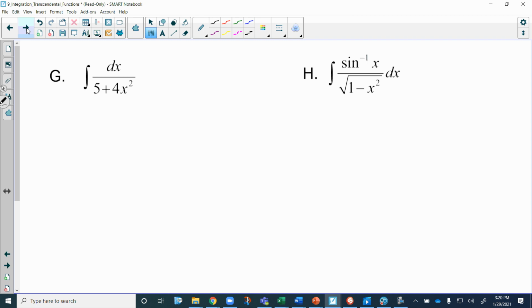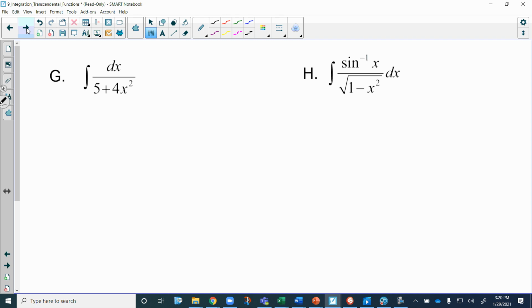Now, G and H, these are two examples that I don't necessarily want you to try and work on your own unless you feel completely confident, because G especially, in my opinion, is trying to trick you.